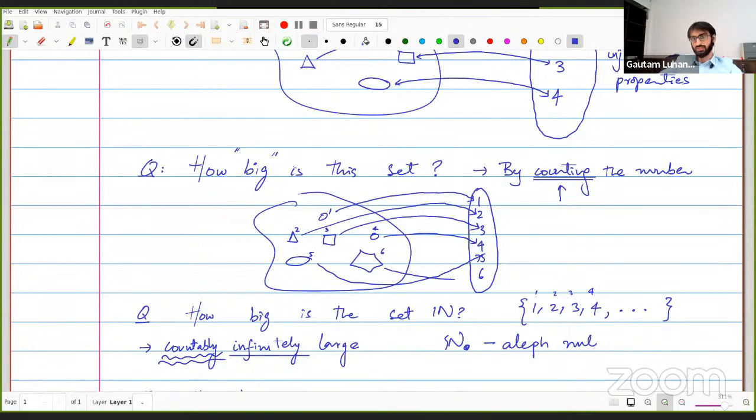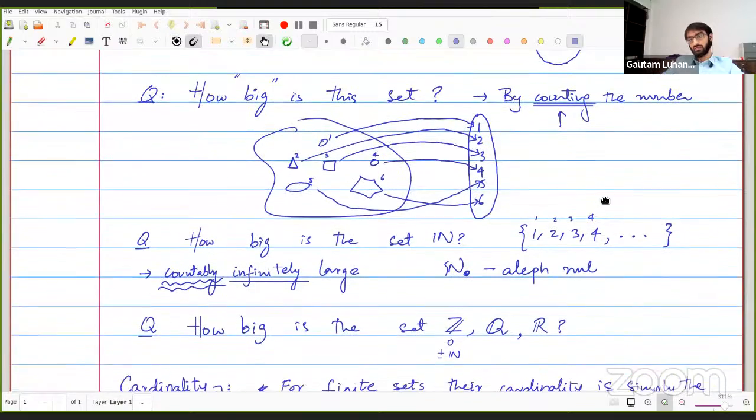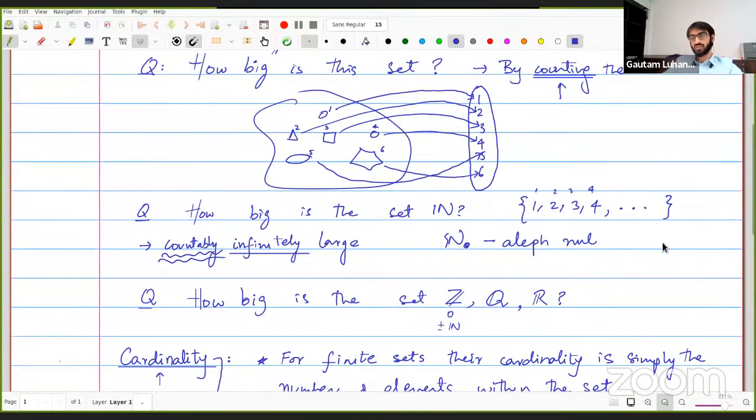And so at this point, we find it useful to define the cardinality of the set of natural numbers by the symbol that Ryan mentioned, which is the Aleph null symbol. We call it Aleph null. And this is the first kind of infinity that we encounter.